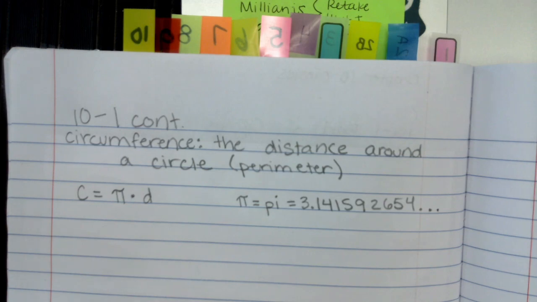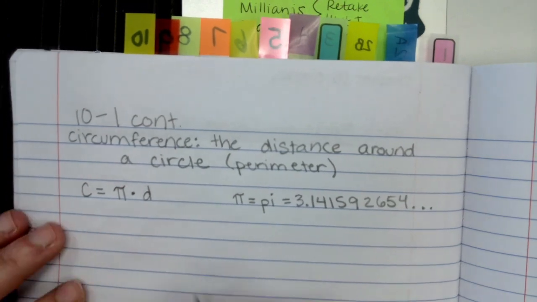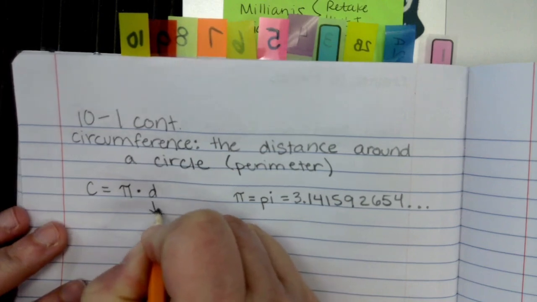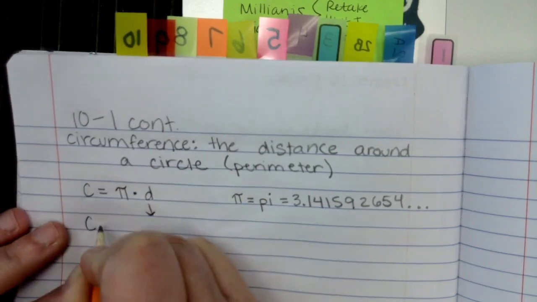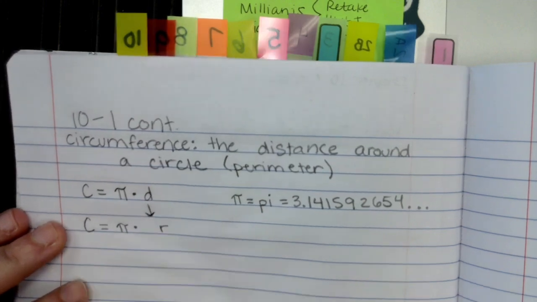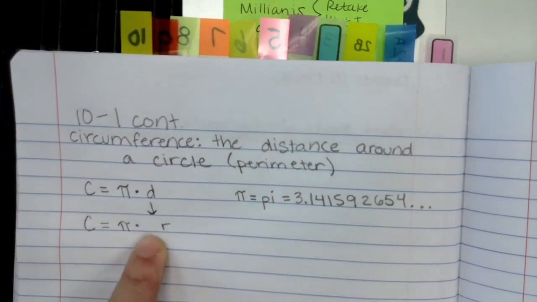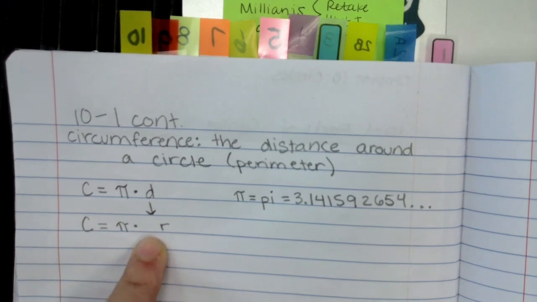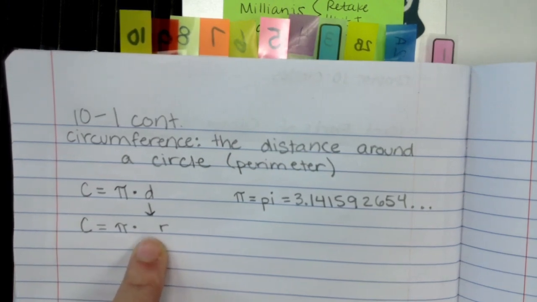Another way to find circumference is if we take that diameter, and instead of saying diameter, we use the radius. How can I make a radius equal to a diameter? Multiply by 2. So pi times 2r. We can use either one of these.